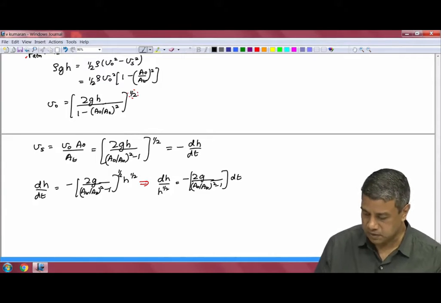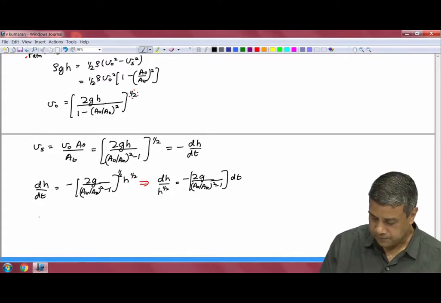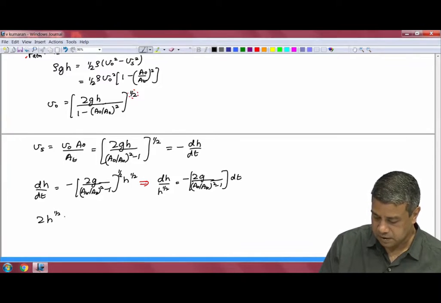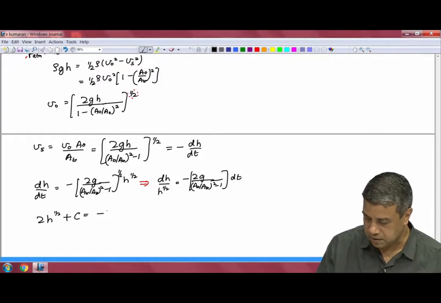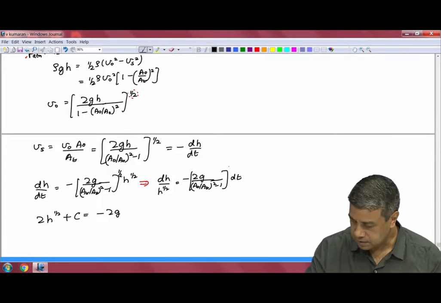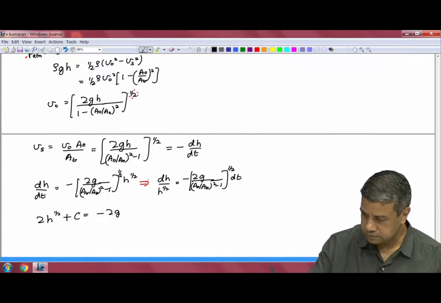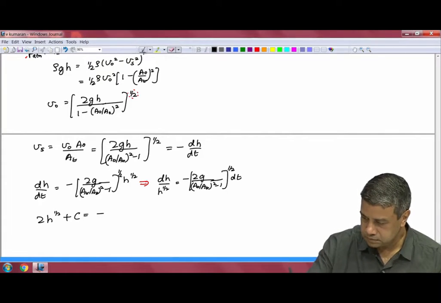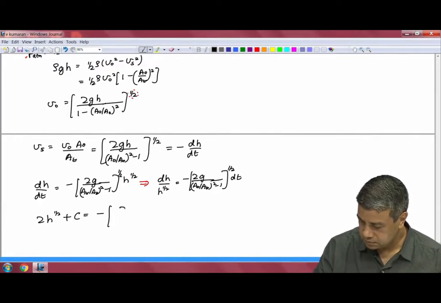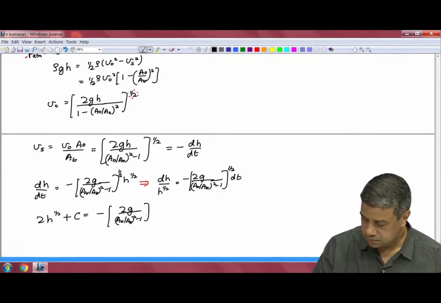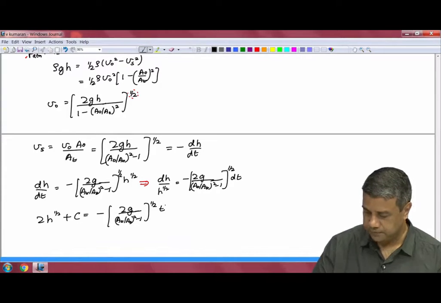If you integrate both sides, the integral of h power half is 2 h power half plus a constant of integration, equal to minus that factor into t.